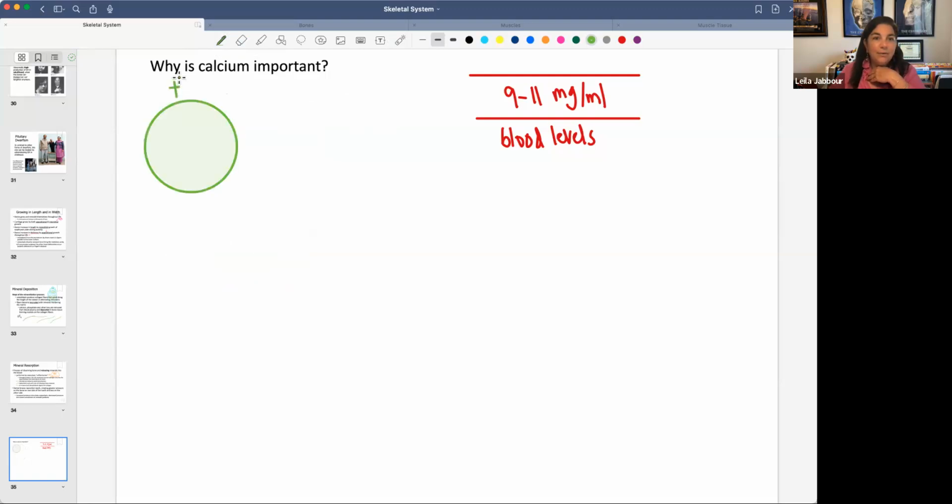So this is the thyroid. And parathyroid glands are over here. They're on the posterior surface of the thyroid. You have a pair of parathyroid glands on both sides. Okay.